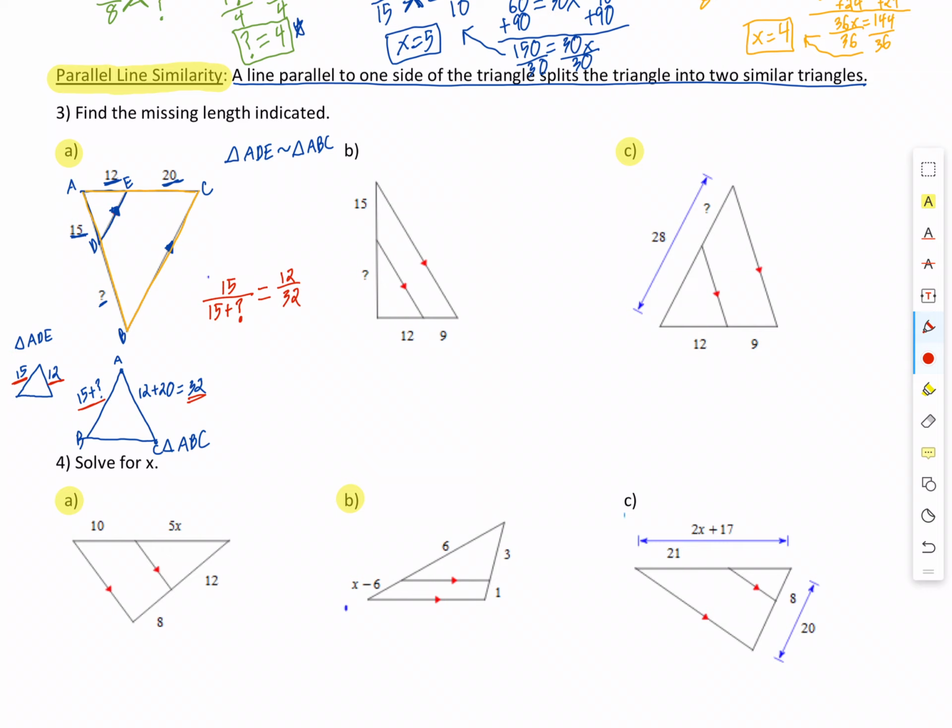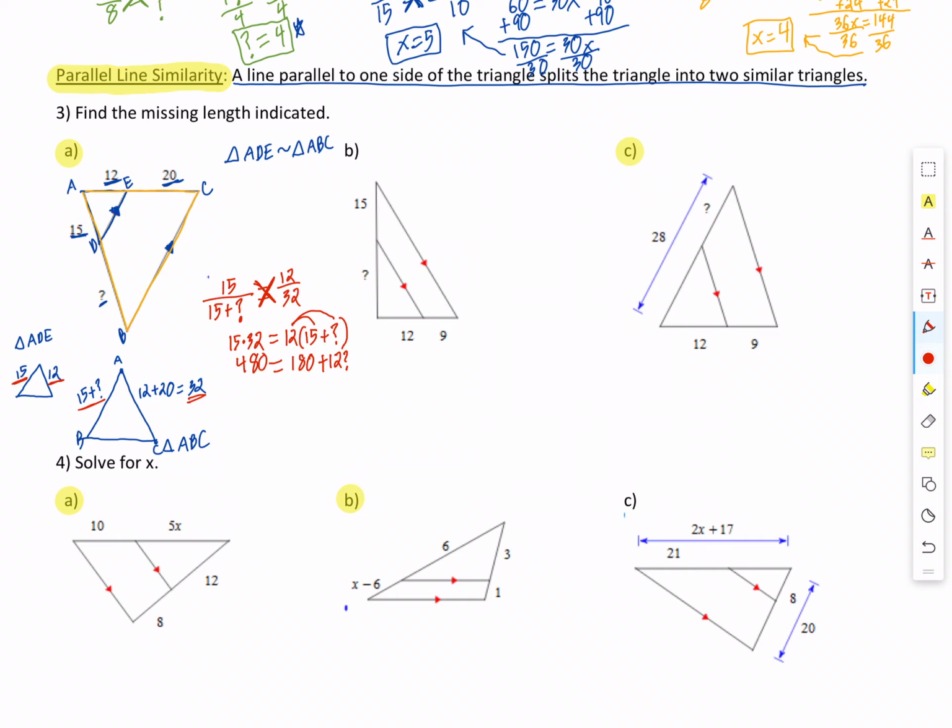So now we just need to cross multiply and then chug and refuse to do drug. So we're going to have 15 times 32 equal to 12 times 15 plus question mark. We'll have to distribute that out, so we get 180 plus 12 question mark, and 15 times 32 gives us 480.